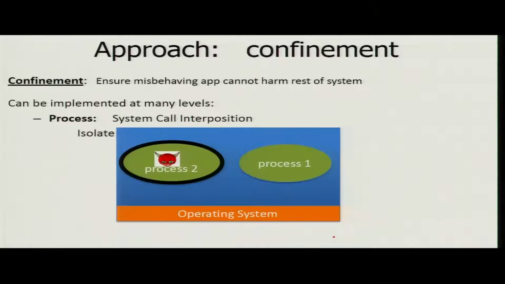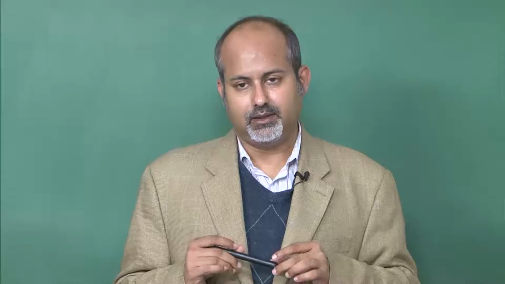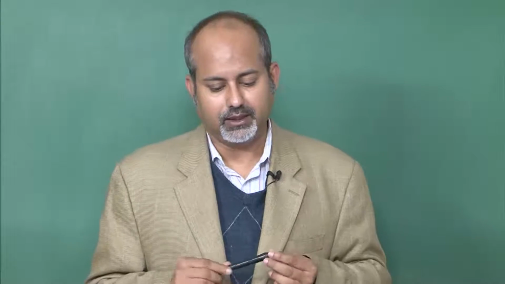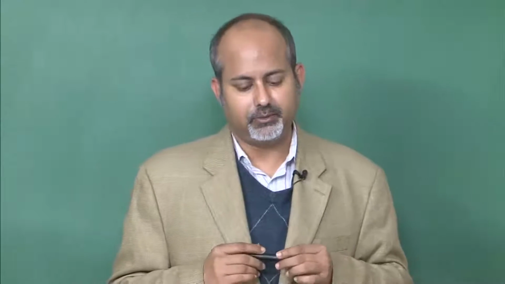And then the other thing is something that is done by user mode Linux. Each process can be treated as a virtual machine instance, and the idea there is that there is a wrapper around each process, and this wrapper does something called system call interposition.